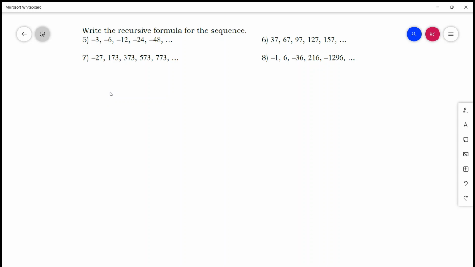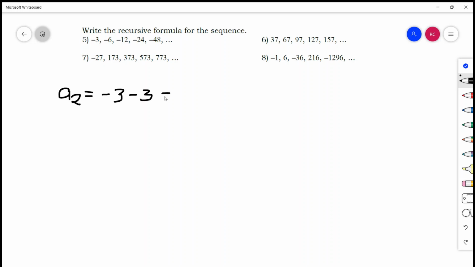So, we have negative 3, negative 6, negative 12, negative 24, and negative 48. So we have our first term. Okay, so second term, a sub 2 is equal to negative 3 minus 3.